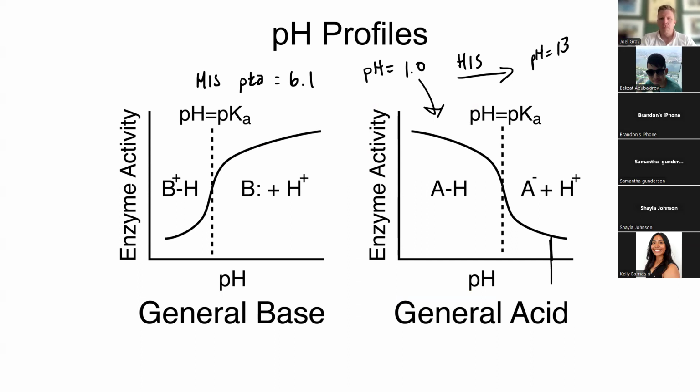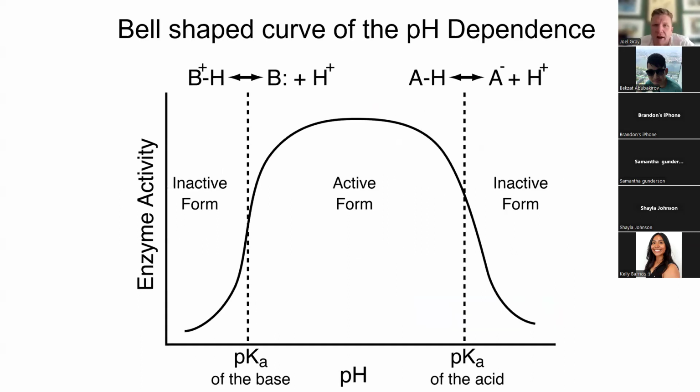So when you combine these, when you have concerted acid-base catalysis, you're going to have a graph that looks like this, where your amino acid that's acting as a base has its activity highest whenever the pH is a little bit higher. But your amino acids that act as acids are going to have a higher activity when the pH is a little bit lower.